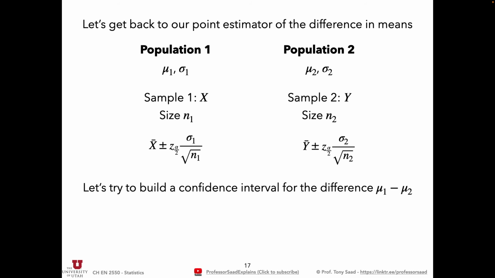So one might say, why not take the difference between these two confidence intervals? If mu1 is between these two values and mu2 is between these two values, let's take their difference. It's totally legal mathematically. It's two inequalities, and I'm taking their difference. Agreed? Let's do that.